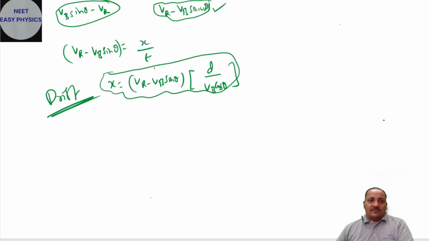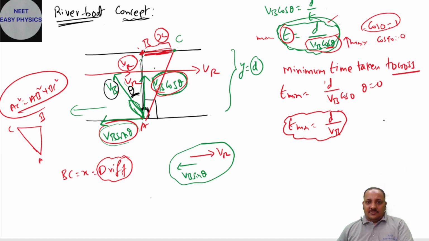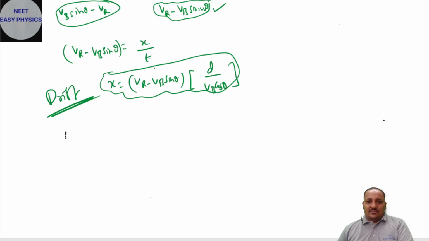Our aim is to move to the opposite bank, correct? Opposite bank means B. So if it wants to reach B, x should become 0, correct? Drift should become 0, then it is going to reach exactly the opposite position. So the condition is x should be 0.